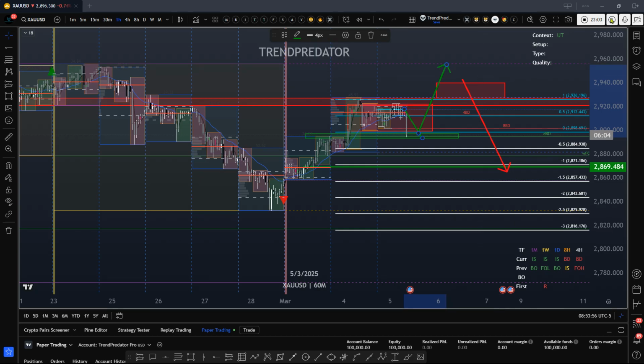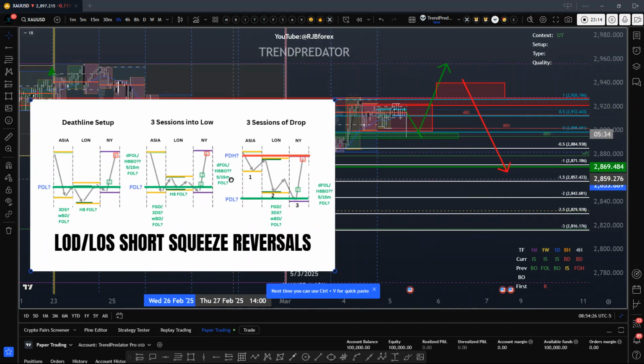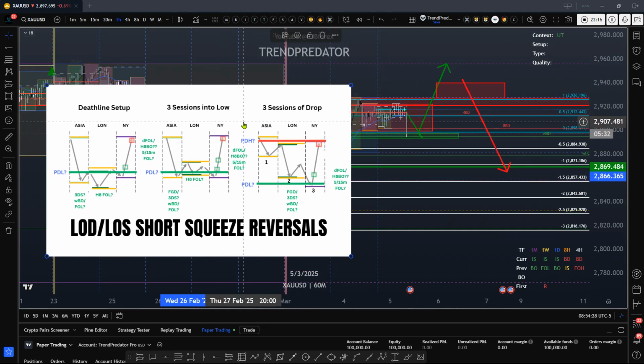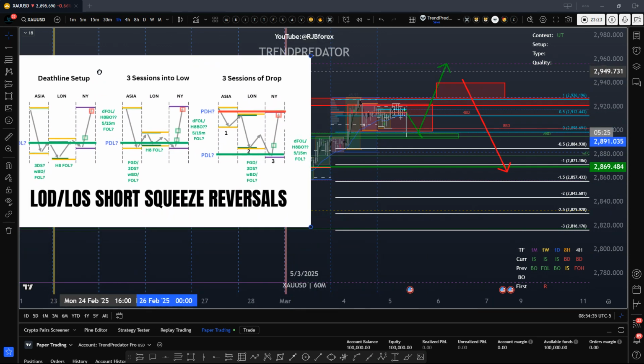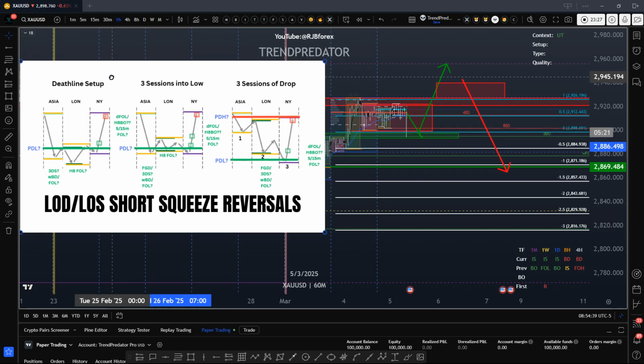So again, it all depends on how the day sets up and what trade setup you are hunting. For instance, here is a map for what I'd be looking for if I wanted to be going long.